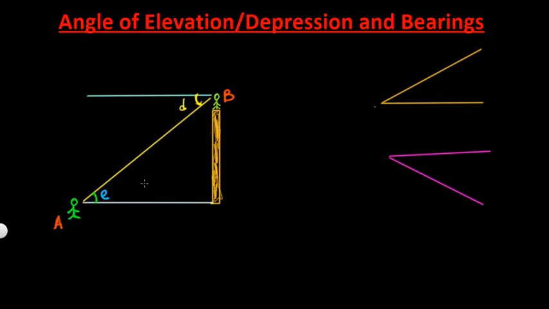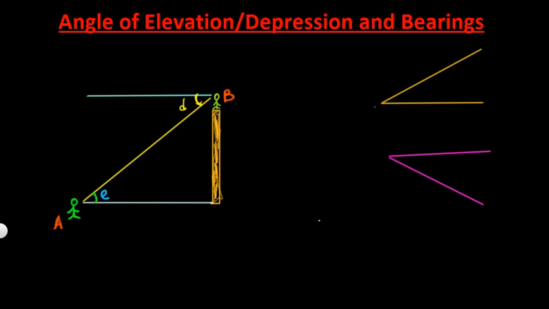So the angle between the horizontal ground and your line of sight to the top of an object is known as the angle of elevation, while the angle between the horizontal line and the line of sight below the observer is called the angle of depression.